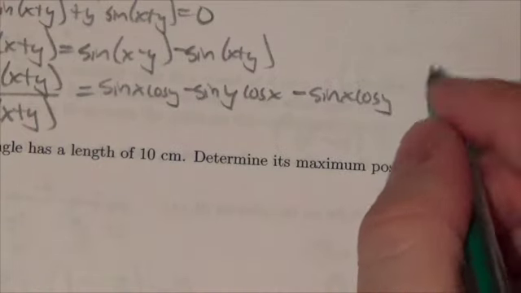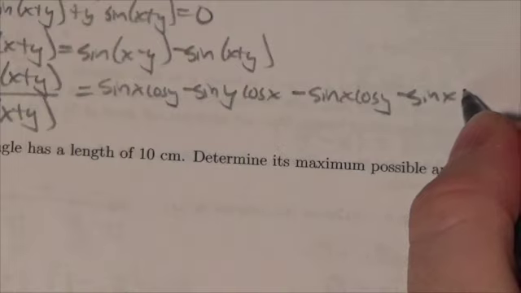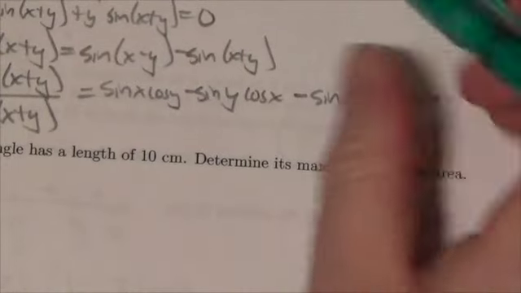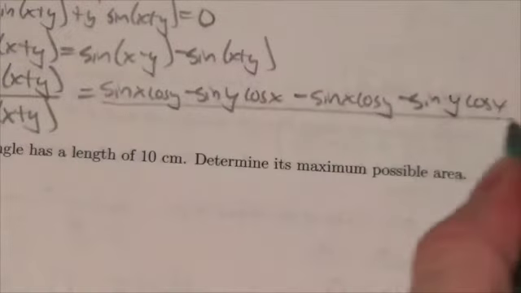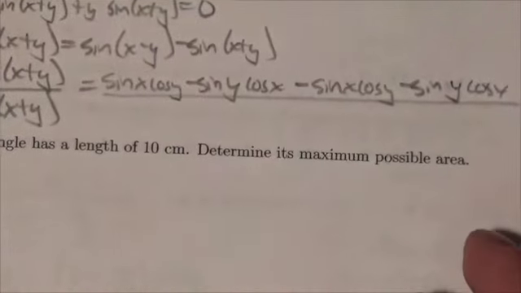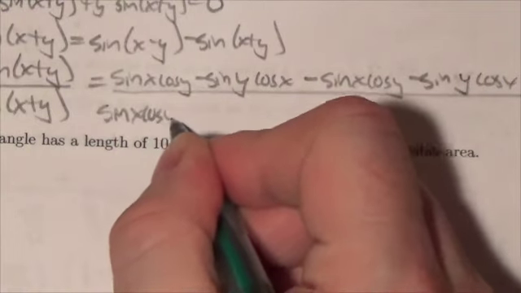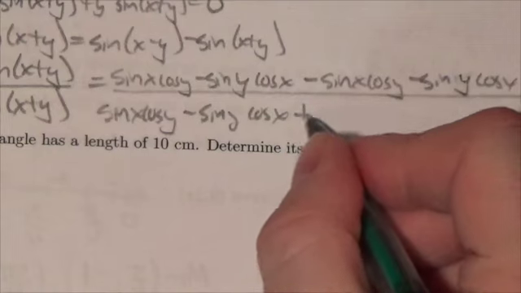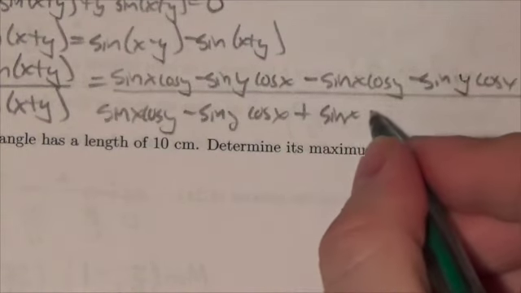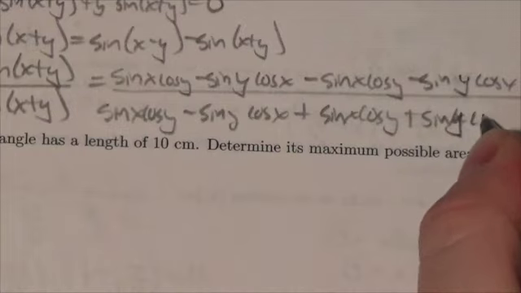Now I would say plus, but because of the negative in front, minus the sine of y cosine of x. All over, I'm going to get a very similar expression in the denominator: the sine of x cosine of y minus the sine of y cosine of x plus the sine of x cosine of y plus the sine of y cosine of x.